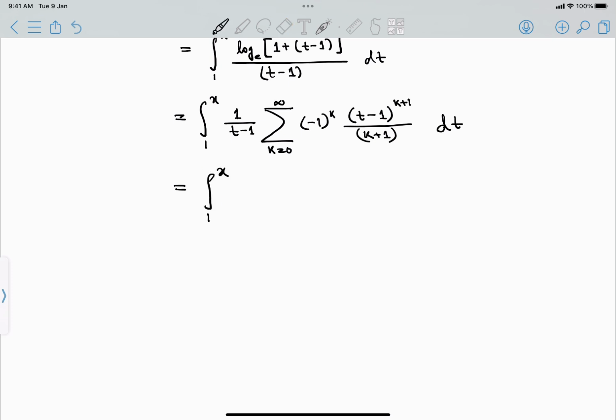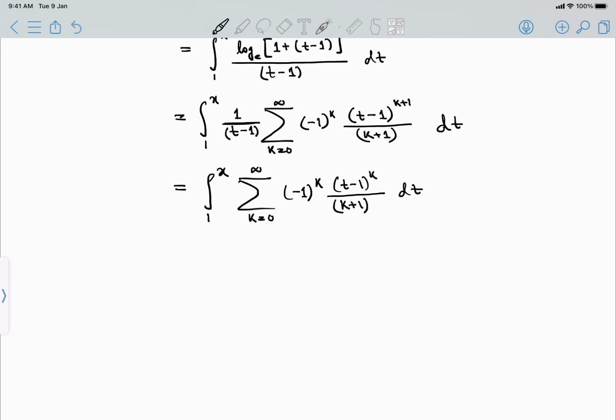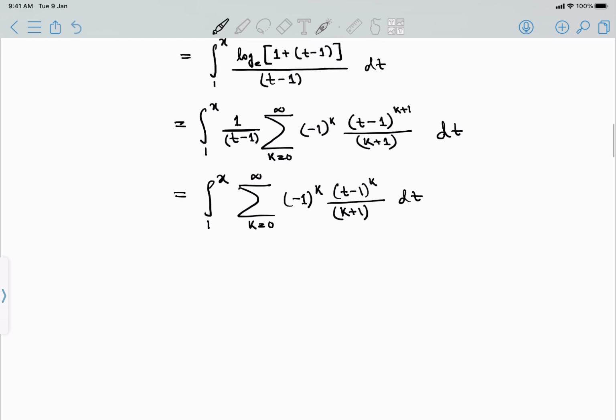So the integral from 1 to x. Now divided by t minus 1, what you will get? The summation k equals 0 to infinity of minus 1 to the power k, (t minus 1) to the power k over k plus 1, dt. Okay, so we'll get this.